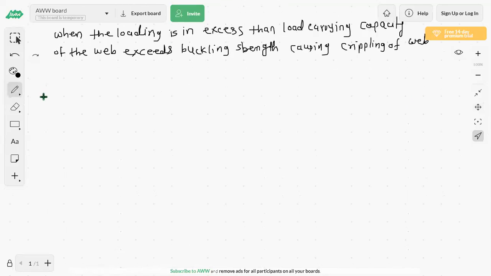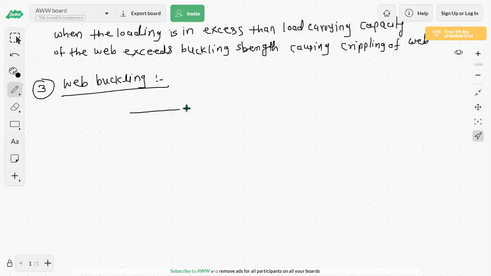Okay, so now the third mode of failure. We have seen the first two modes of failure, deflection and web crippling, and the third mode of failure is web buckling.